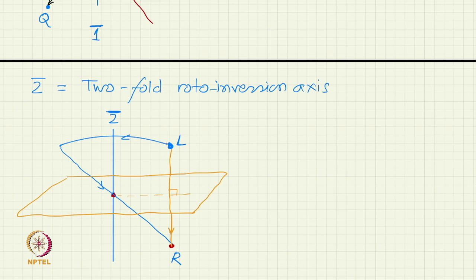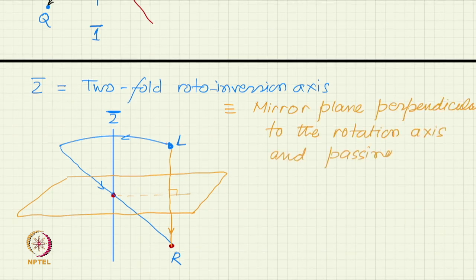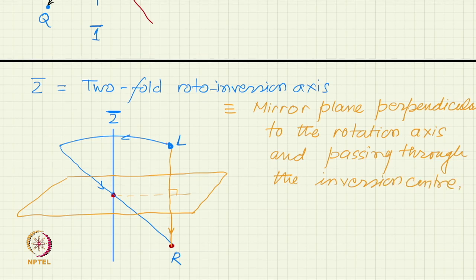So, a left handed object goes to right handed object by mirror plane. So, twofold roto inversion axis is nothing but a mirror plane passing through the inversion center.